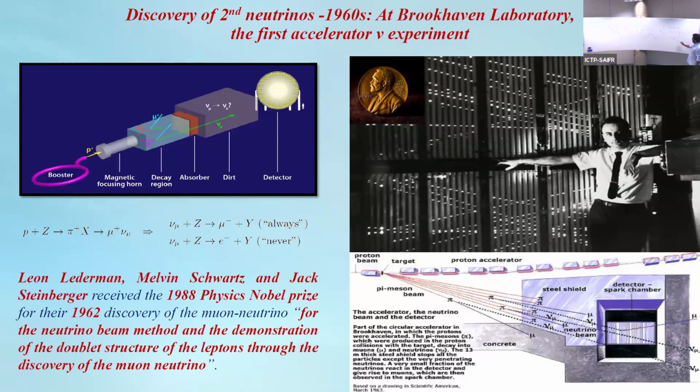Then the following thing happens. You know these interactions from pion decay: the pion decays to a muon, and then the muon further decays. But if you connect these two, it leads to a mu to e gamma process.